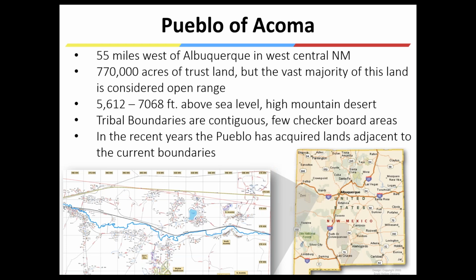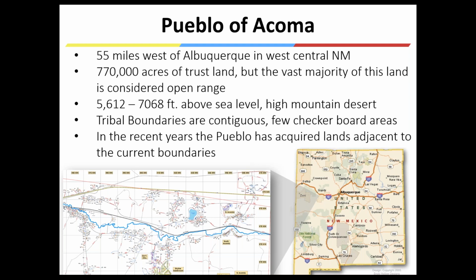Our location, we're just about 55 miles west of Albuquerque in west central New Mexico. The Pueblo Vacama currently has 770,000 acres under trust. Quite a little bit of land under trust. I would say maybe a couple hundred thousand acres of land still in fee. But the vast majority of the tribal lands is considered open range, with all of our population, businesses, residential structures, and properties located on the northern portion of the tribal lands.